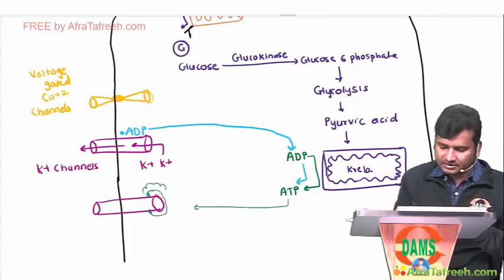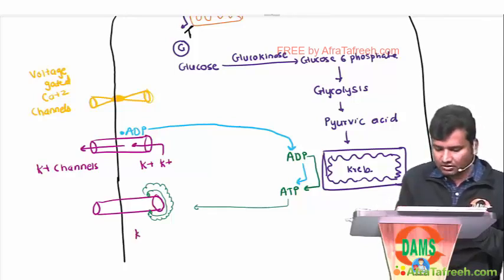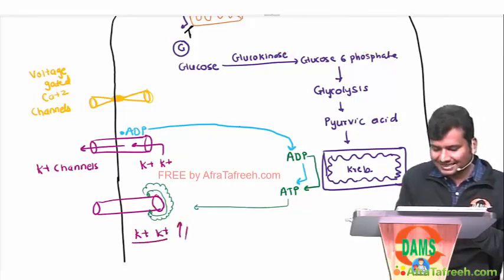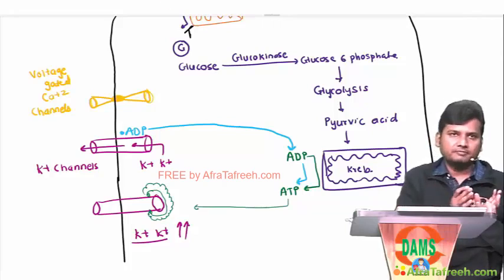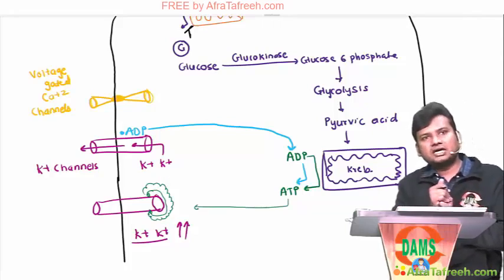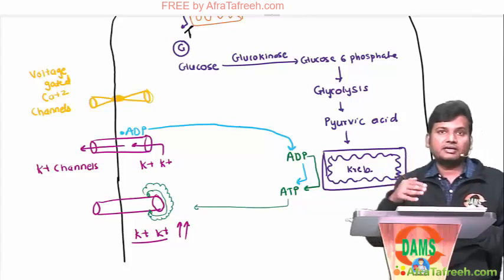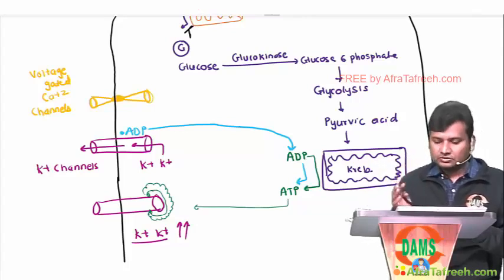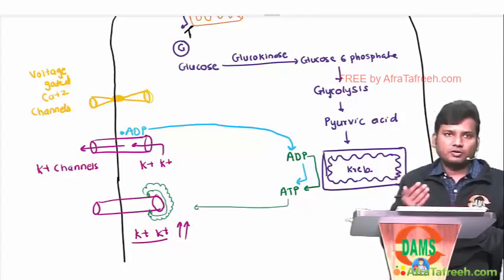When potassium channels are blocked, potassium will increase inside the beta cell, and it will increase the positive charge inside the beta cell. When positive charge increases in beta cell, calcium channels will open.